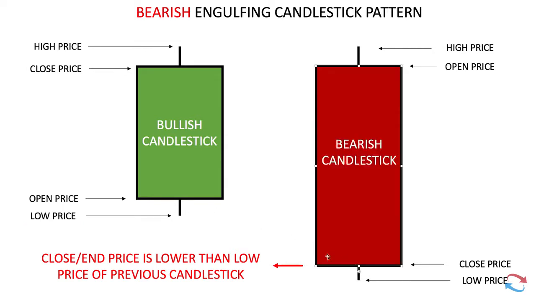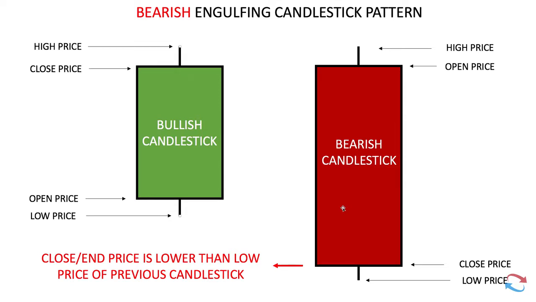The further away the close price of the bearish engulfing candlestick is from the low price, or high price in a bullish engulfing candlestick pattern, the stronger the supply, and this again indicates a potential reversal in price.